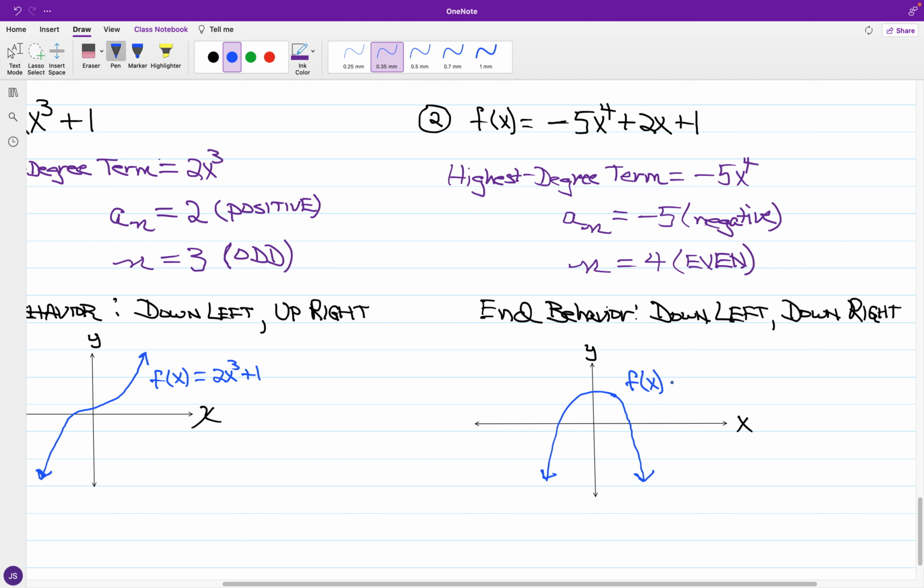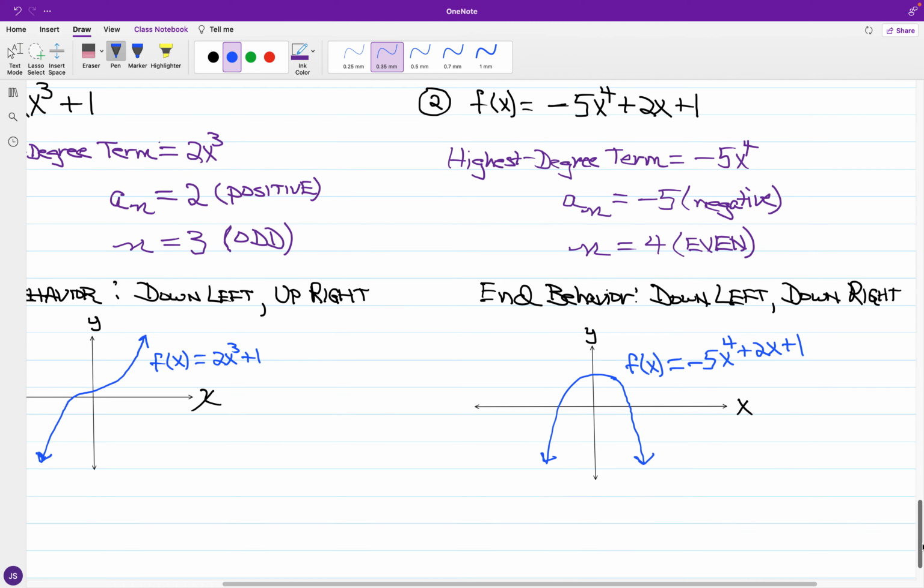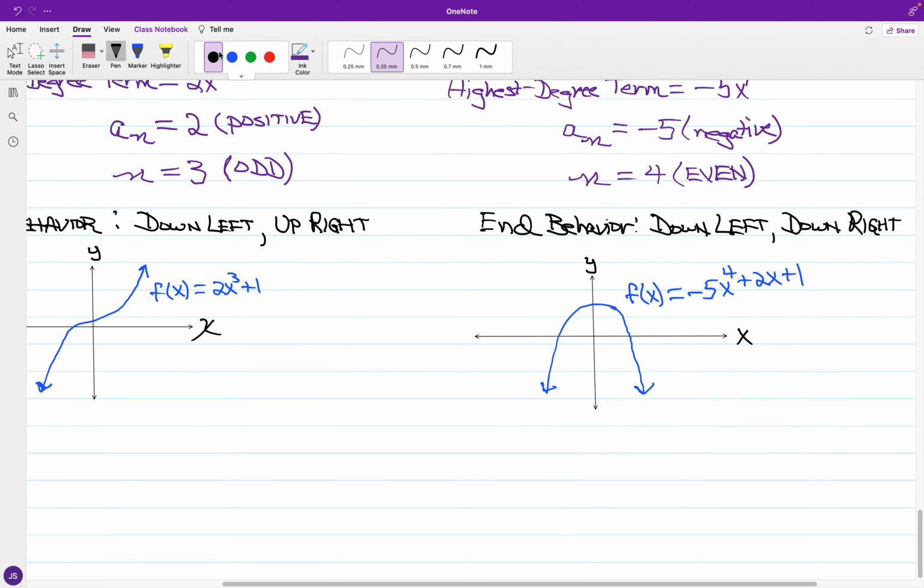So you have f of x equal to negative 5x to the fourth plus 2x plus 1. And so that's just another scenario.